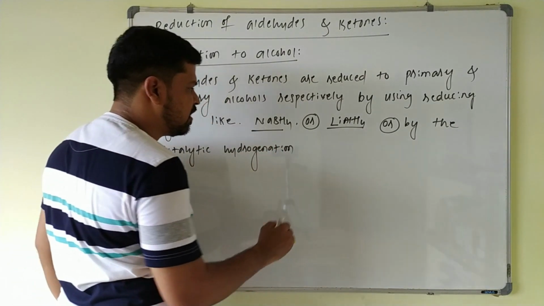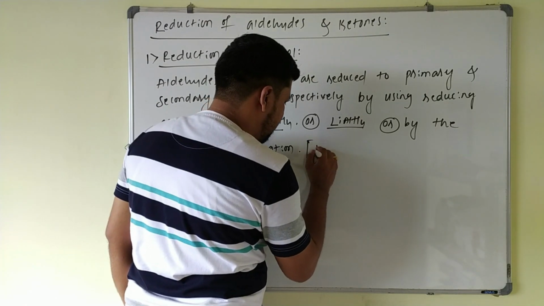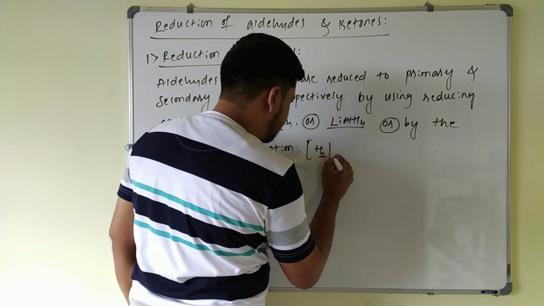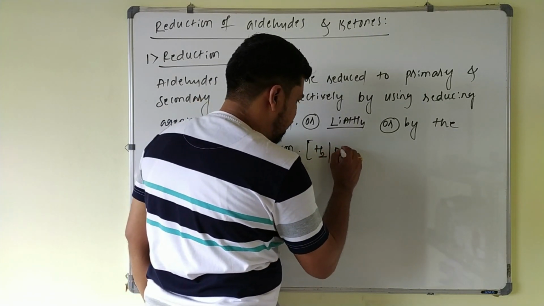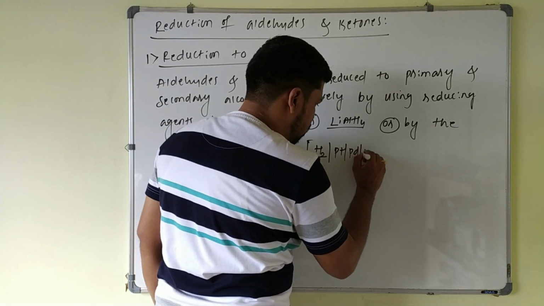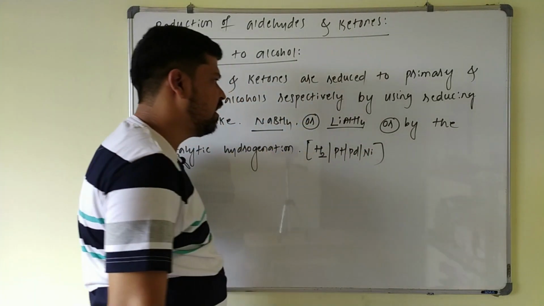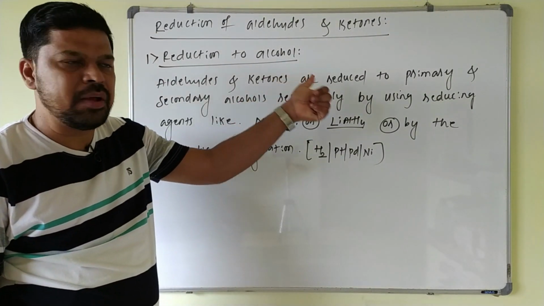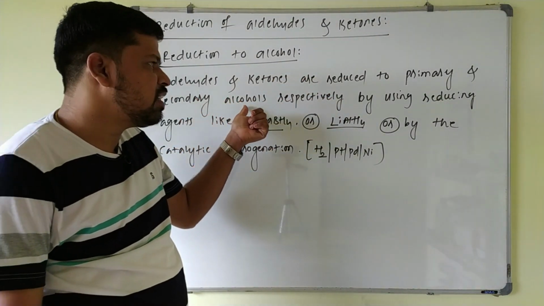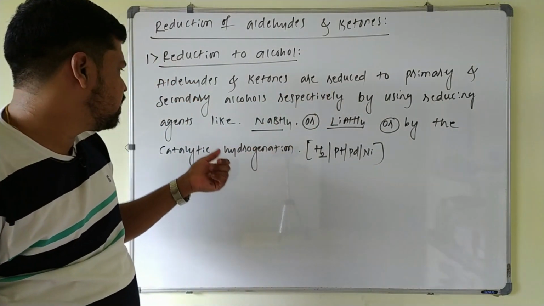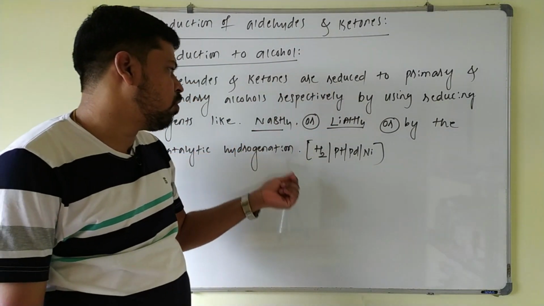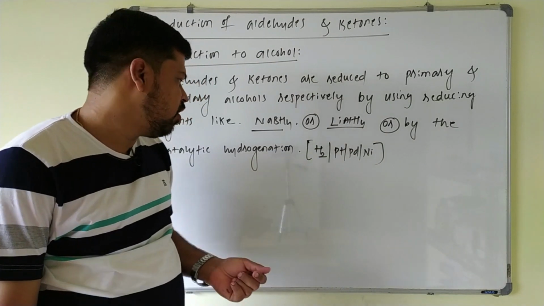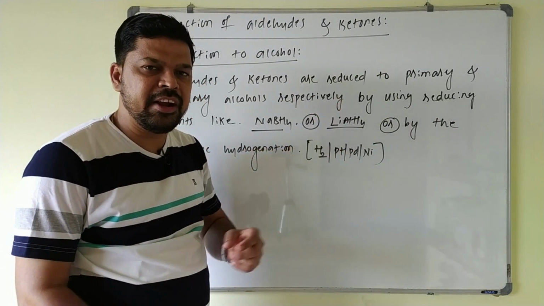Catalytic hydrogenation is nothing but addition of hydrogen in the presence of a catalyst like platinum or palladium or nickel. This is called catalytic hydrogenation. Aldehydes are reduced to primary alcohol and ketones are reduced to secondary alcohol respectively by using reducing agents like sodium borohydride, lithium aluminum hydride or by catalytic hydrogenation.